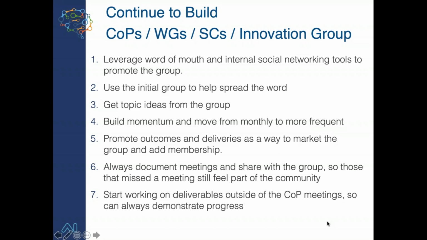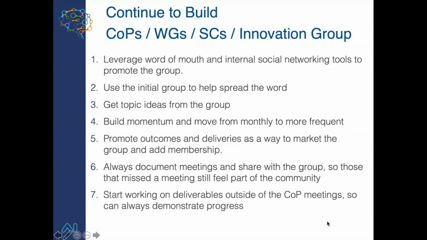And the other thing that is really key is don't just rely on the meetings themselves. Try to get to a point where there's work to be done in between the meetings.